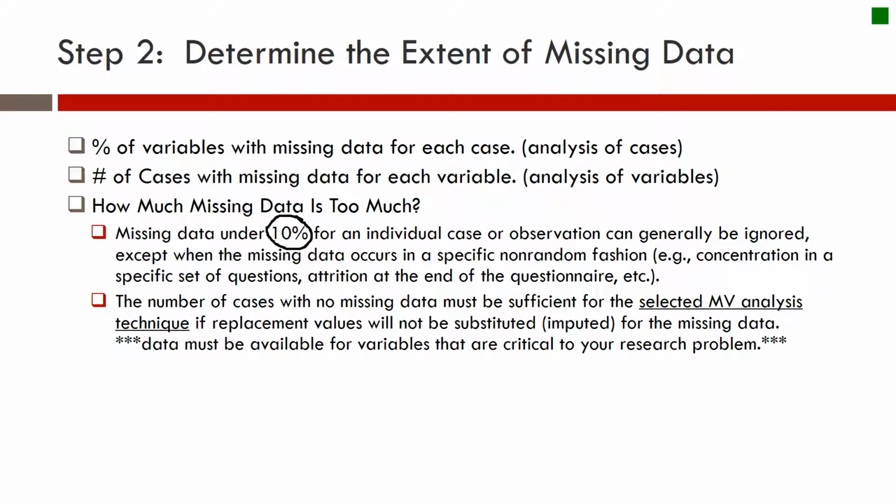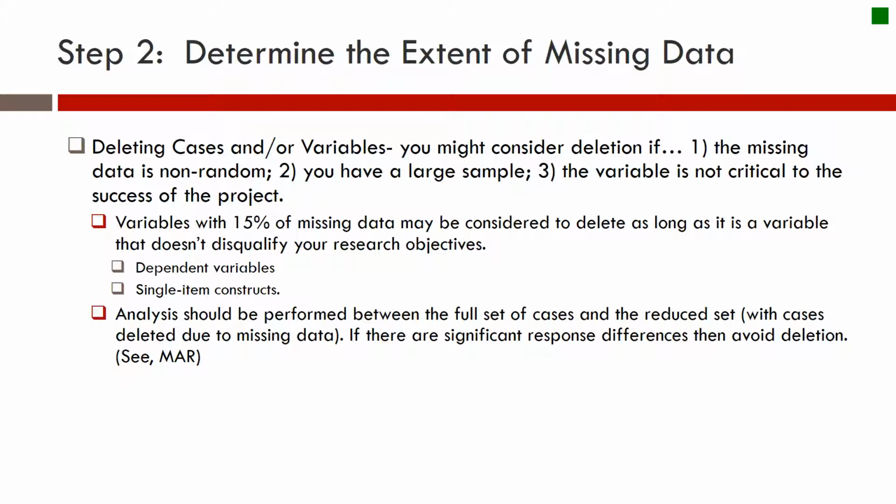The other issue we deal with sometimes is if we start eliminating respondents with more than 10% missing data, then we may not have sufficient power to do our multivariate analyses. So we have to keep in mind what we want to do with our data and how, if we start dropping respondents, that might impact the overall effectiveness of the research method, given the data that we're going to be using.